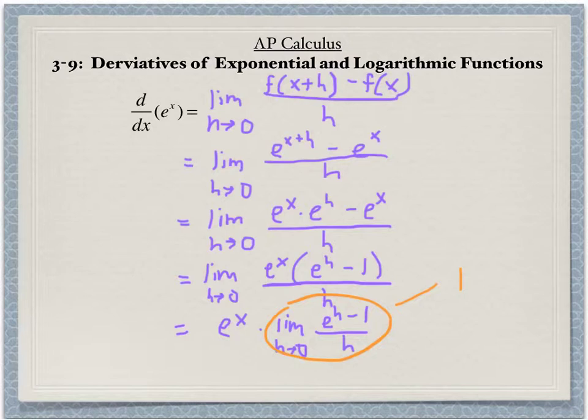So notice what we end up with is that my final answer is going to be, I'm going to change pen colors here again, e to the x times 1, which is just e to the x. So interesting, the derivative of e to the x is the exact same thing, e to the x. And we'll make use of that quite a bit.